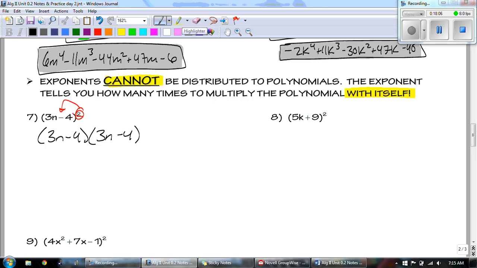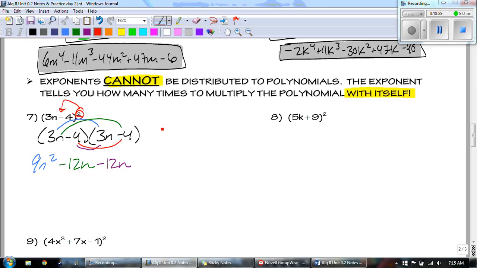And then you can pick which method to multiply or to distribute, okay? For ones like this, I think distribution is easier, okay? 3n times 3n is 9n squared. 3n times negative 4 would be negative 12n. Negative 4 times 3n, once again, negative 12n.